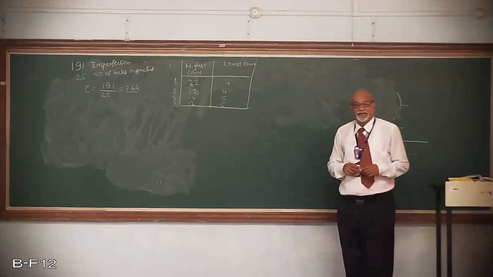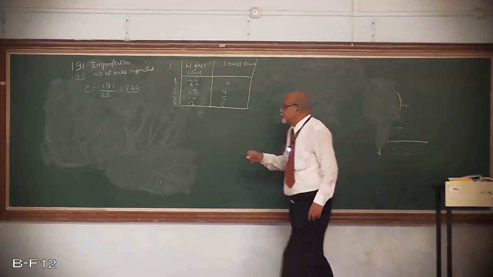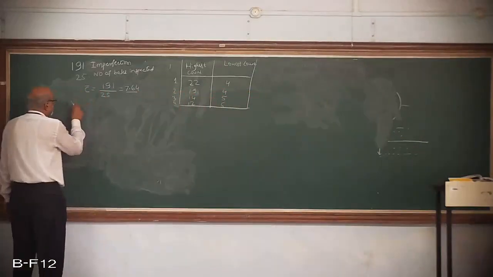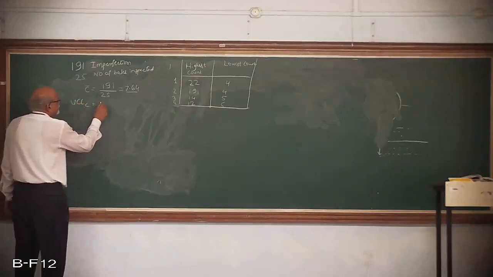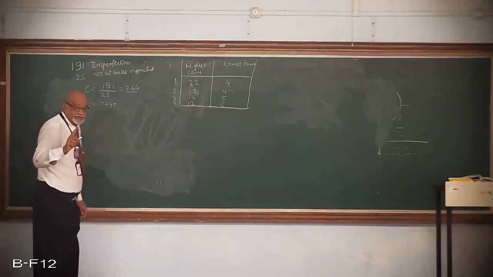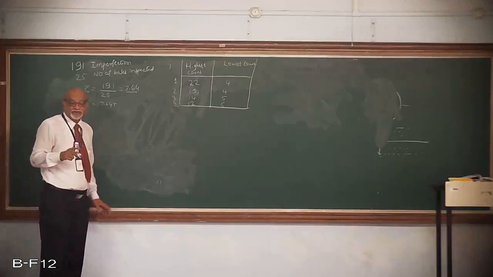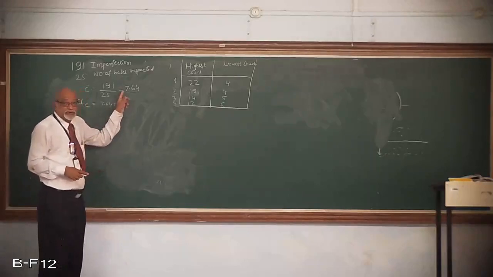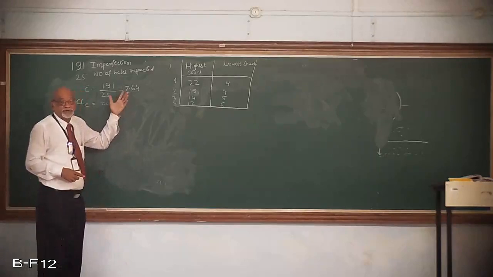Let us see what the upper control limit in this case shall be. UCL is C bar, 7.64, plus. He says 3 sigma control limits, he is specific about it. If he says 2 sigma control limits, then plus 2 into its standard deviation, that is the square root of C bar.